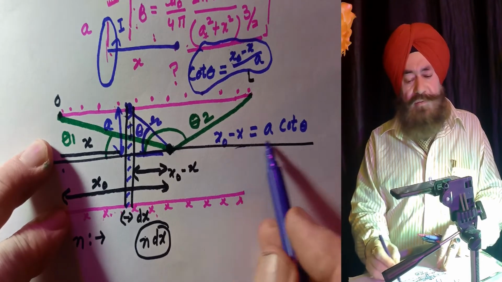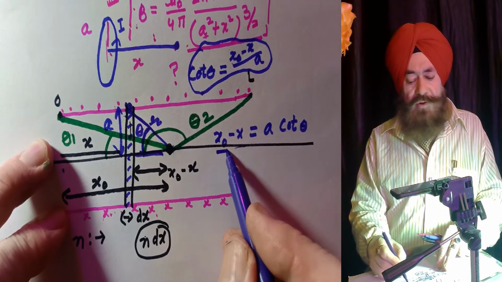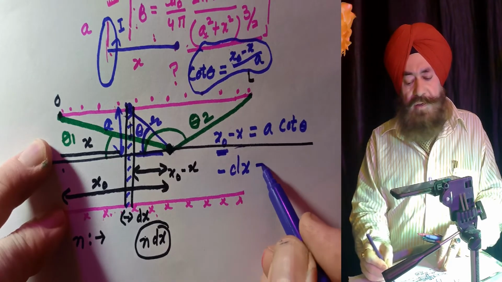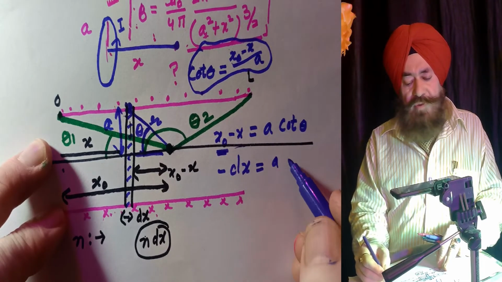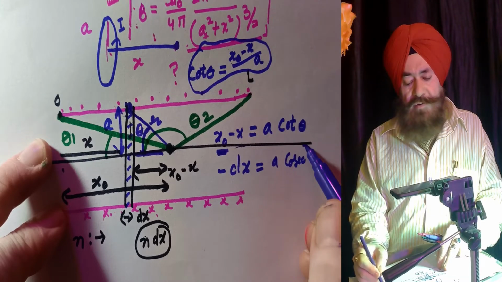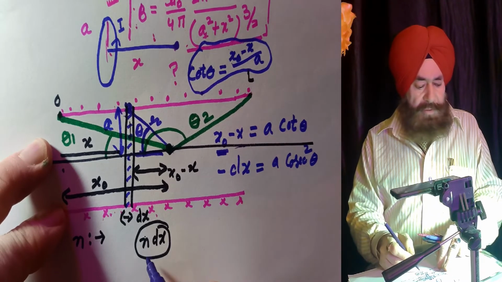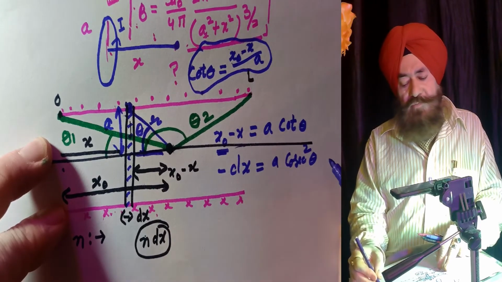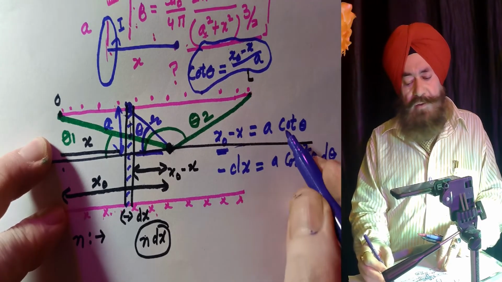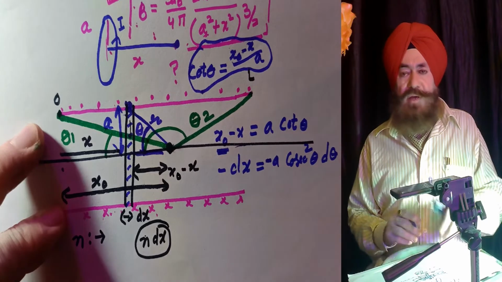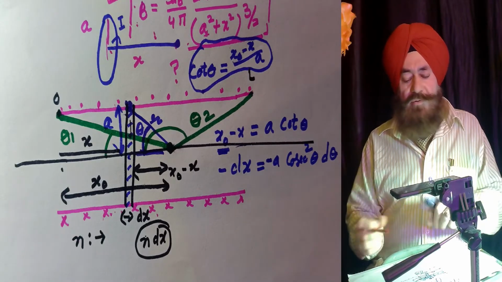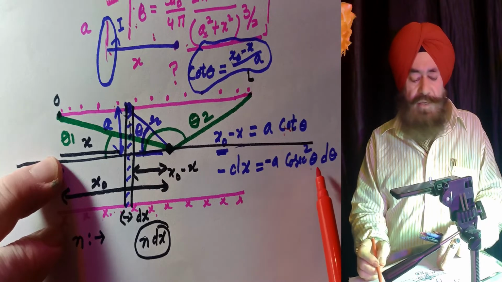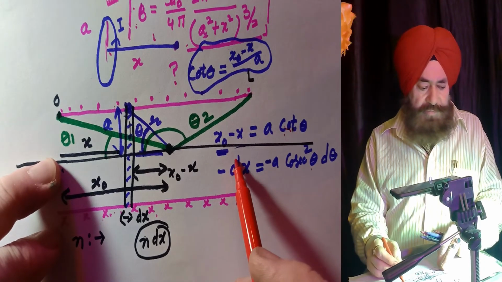Now differentiating, x naught is constant, so minus dx is a cosecant square theta d theta with a negative sign, because the differentiation of cotangent theta is minus cosecant square theta.